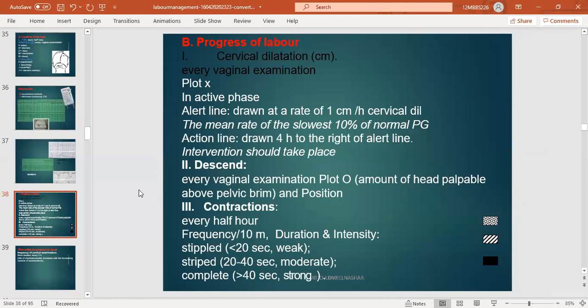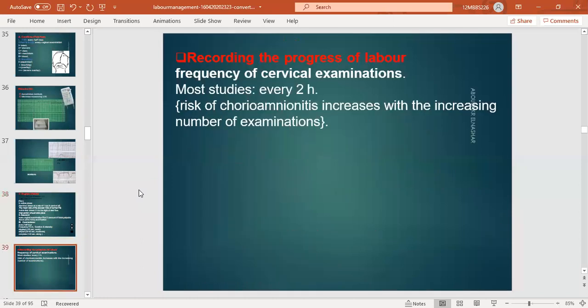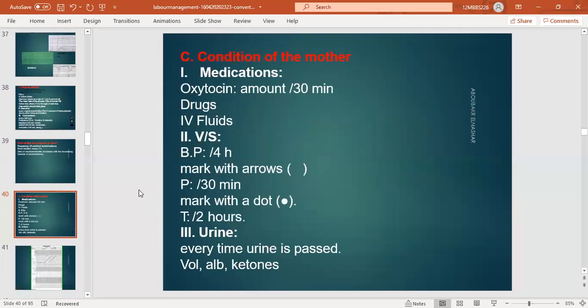We have discussed this already. This is the alert line, plotted in the active phase, alert line drawn at a rate of 1 centimeter per hour. This is the complete description of the partogram which we have already discussed. Regarding the progress of the labor, every 2 hours, already 1 hour.